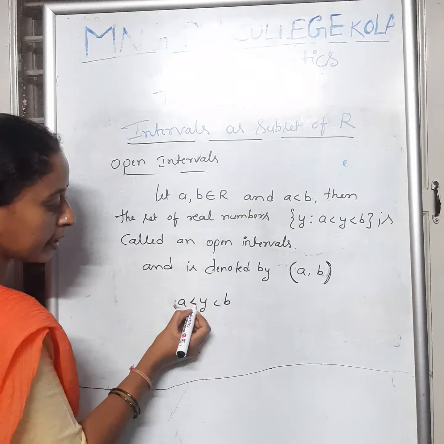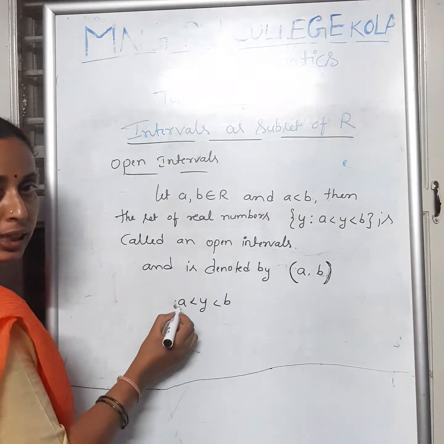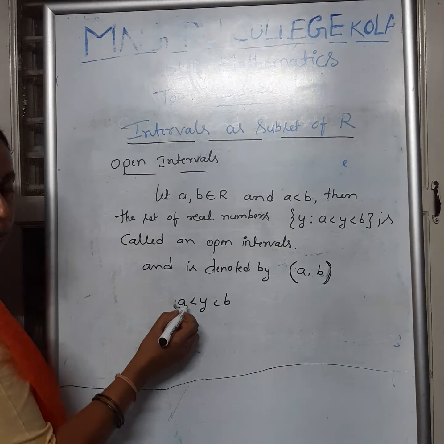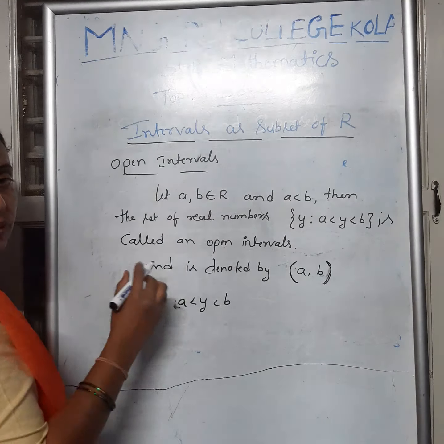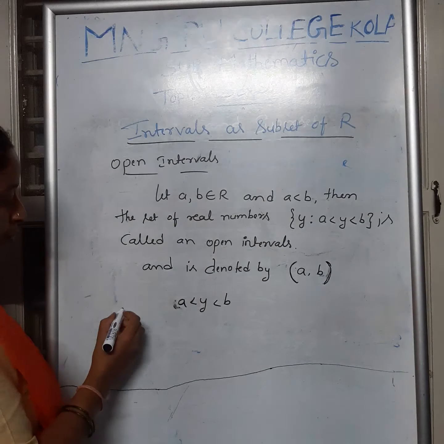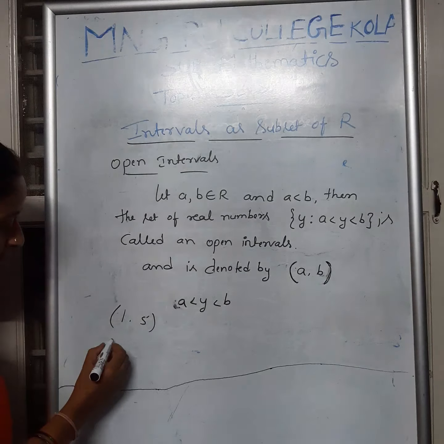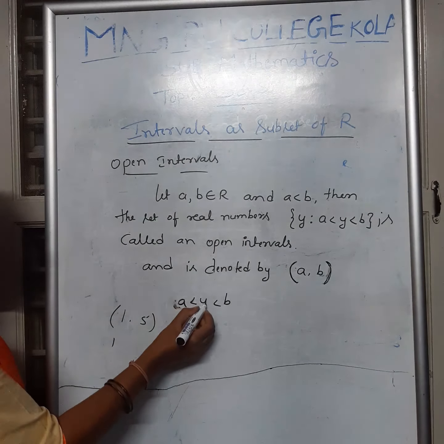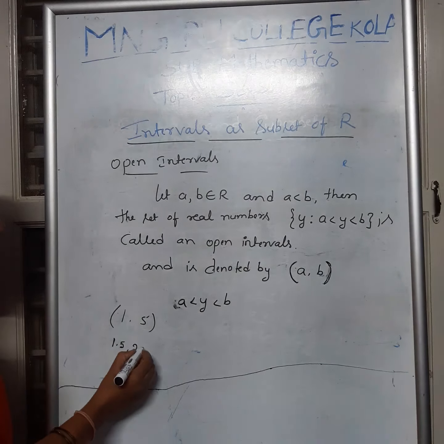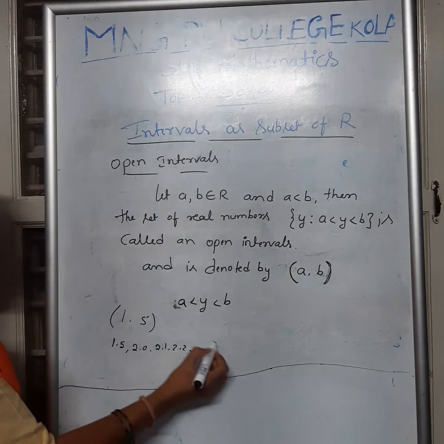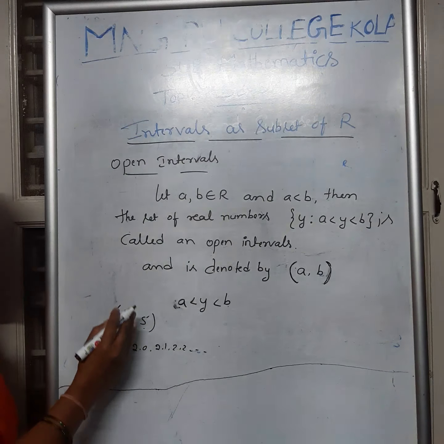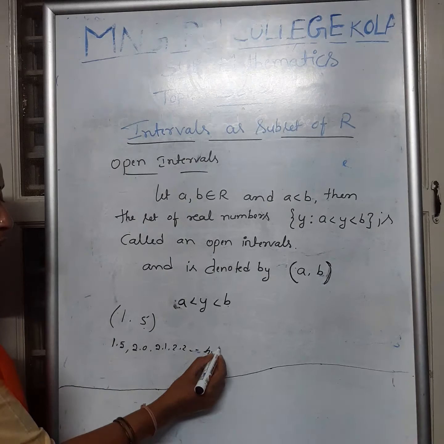So the y value should be greater than a but less than b. Suppose a is 1 and b is 5, then we should take 1.5, then 2, 2.1, 2.2 and so on, up to before 5. The y value should be less than b. Before 5, the last value we take is 4.5.